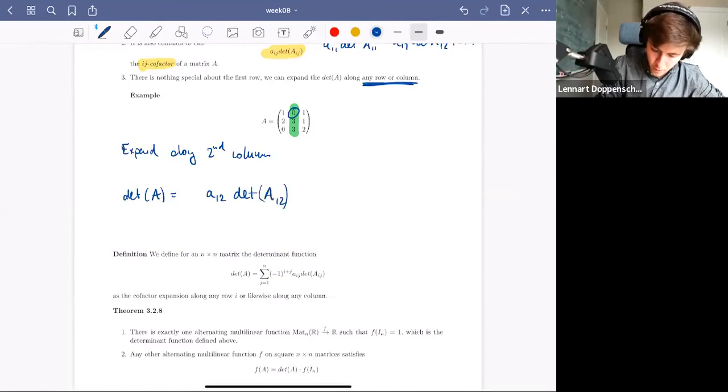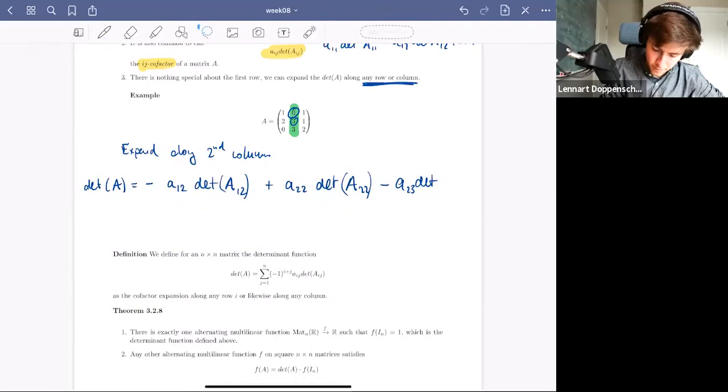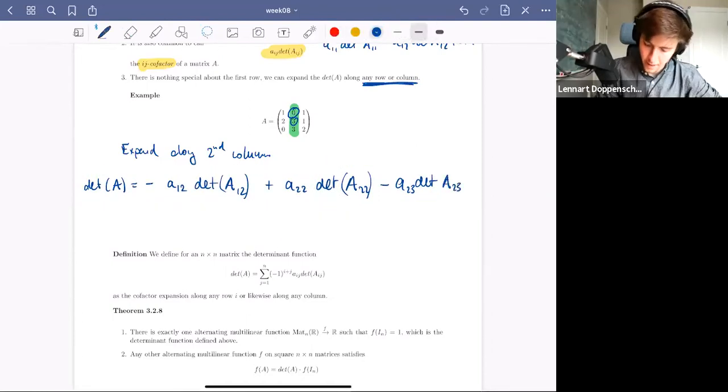So we do this one. Then we have a plus A22 determinant of A22. And then we have a minus A23 determinant of A23.